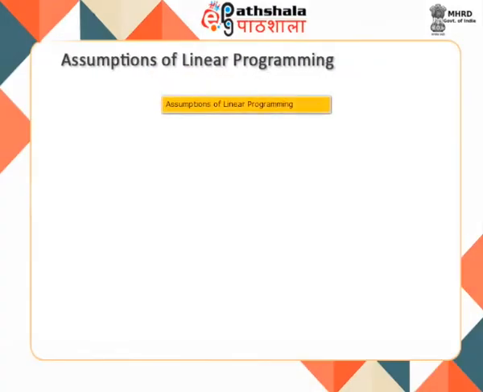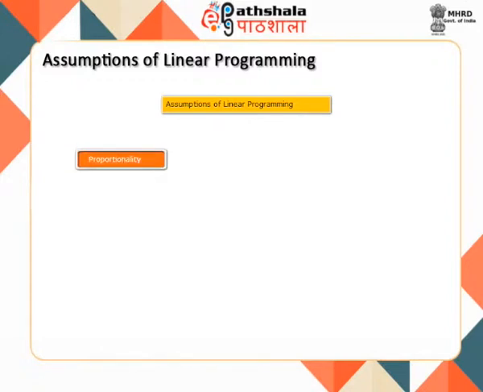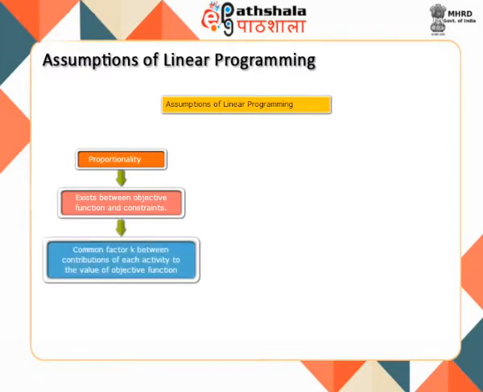Let us discuss the assumptions on which this technique is based. The first assumption is proportionality. In this, we assume that proportionality exists between the objective function and constraints. This means that one can find a common factor k between contributions of each activity to the value of the objective function.